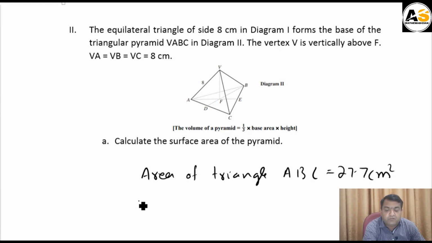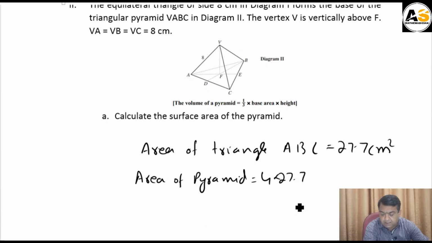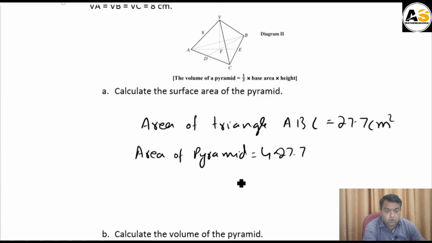What will be the area of the pyramid? The area of the pyramid will be 4 times 27.7, and you can simplify it to 110.8, approximately equal to 111 centimeters square.